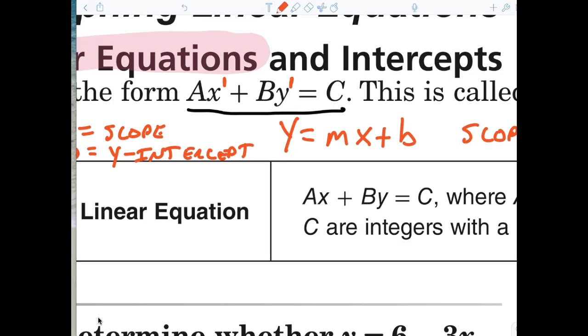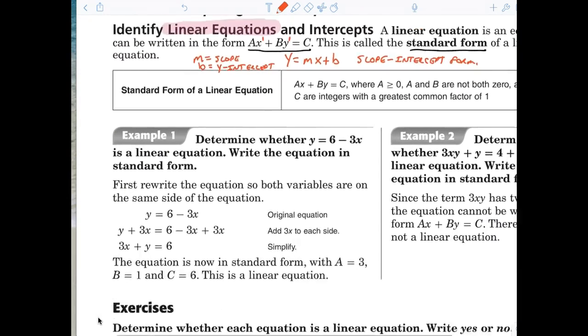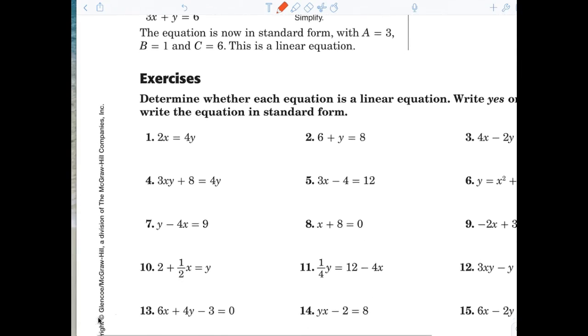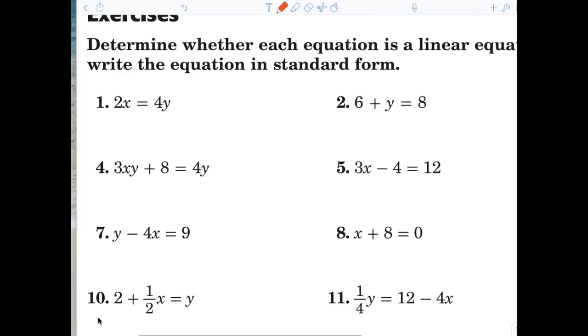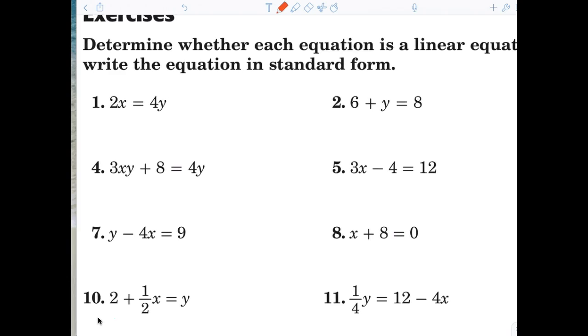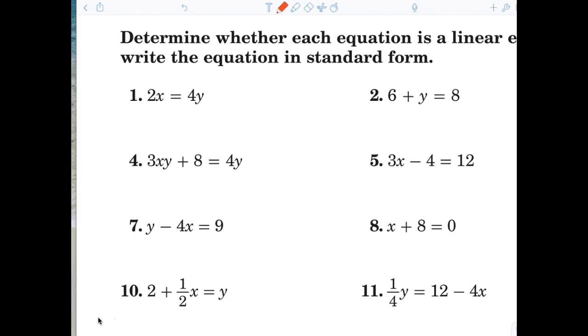Now, I want to look down and we're just going to go ahead and start with the problems, because I think you're pretty smart. Basically it's a yes or no question. 2x equals 4y. Is that considered linear? And the answer would be yes.